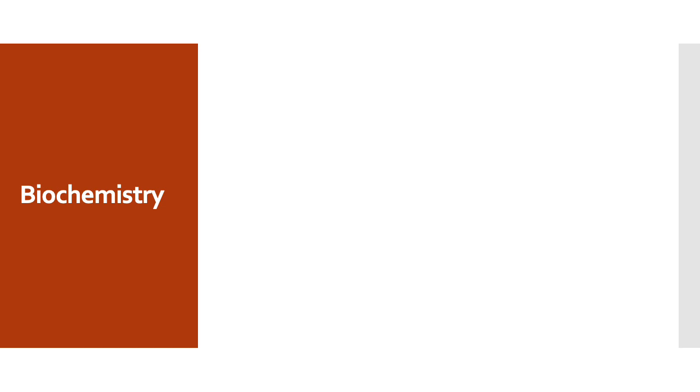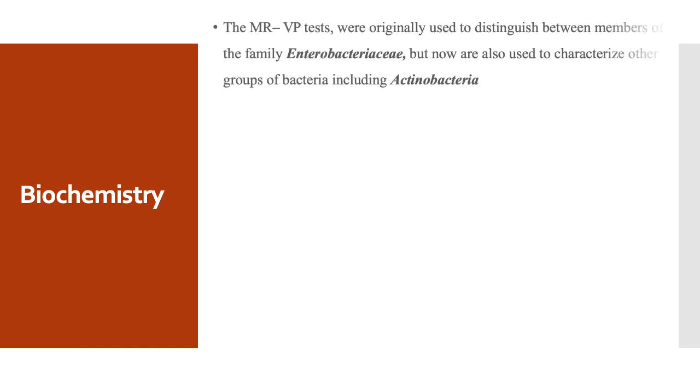Now we shall see the biochemistry of Methyl Red test. Friends, the Methyl Red Voges-Proskauer tests were originally used to distinguish between members of the family Enterobacteriaceae, but now are also used to characterize other groups of bacteria, including actinobacteria.